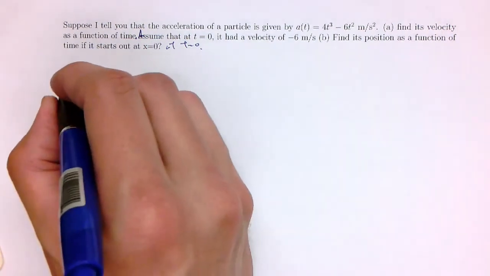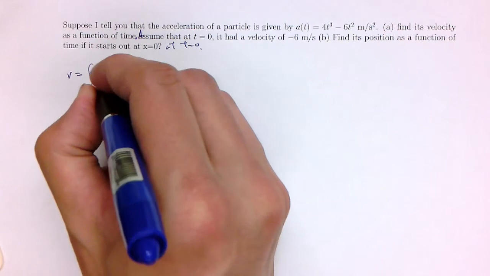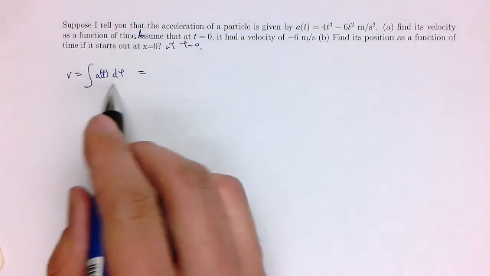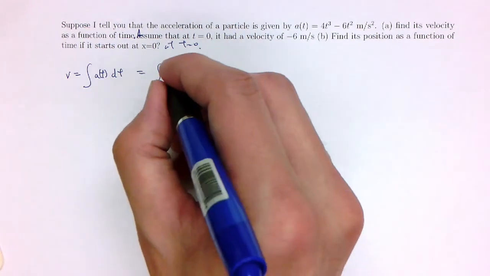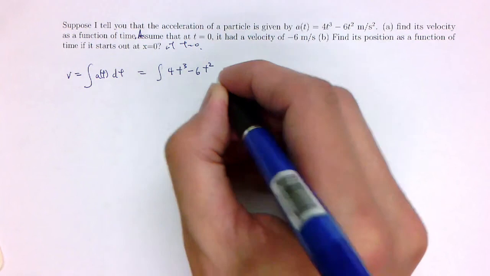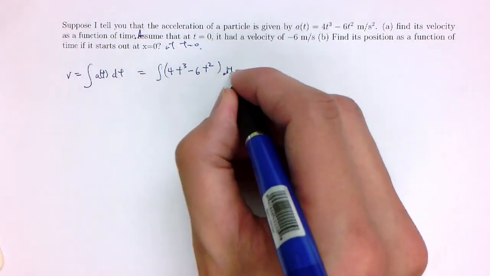So find the velocity. The velocity is equal to the integral of a(t) dt. If we do this, we're getting the integral of 4t cubed minus 6t squared dt.